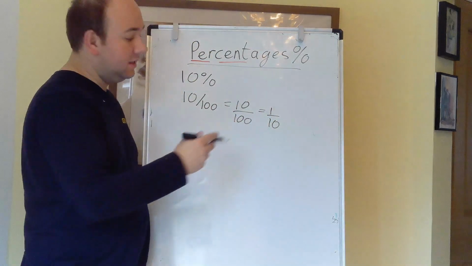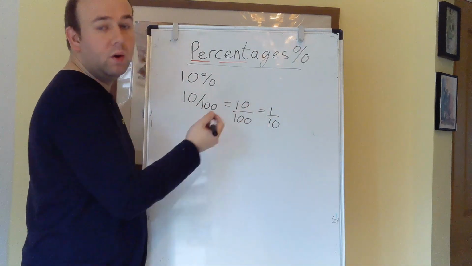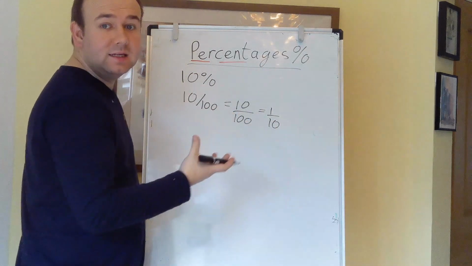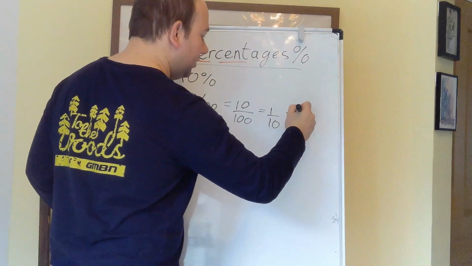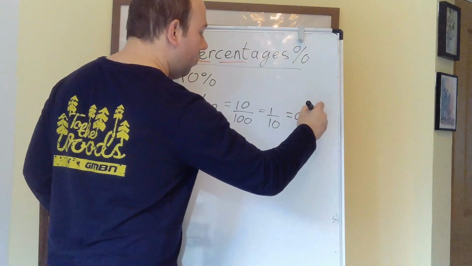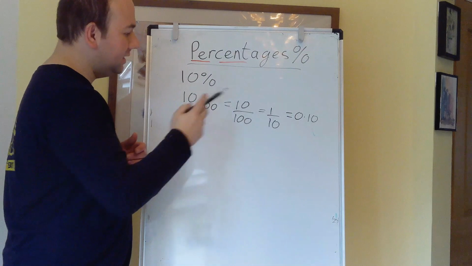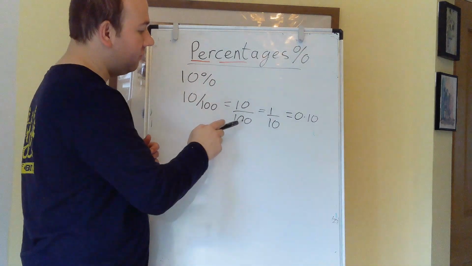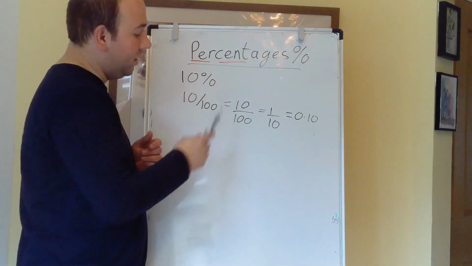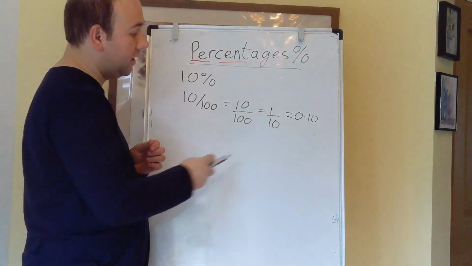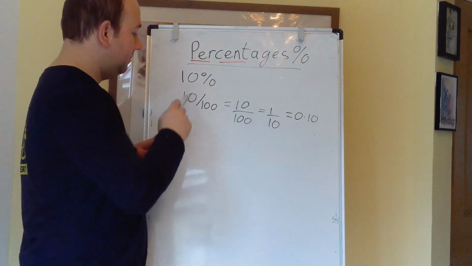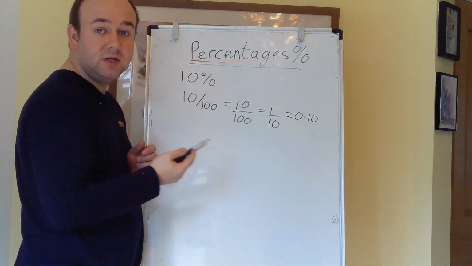We can also divide 10 by 100, or 1 by 10, because they're the same thing, and express a percentage as a decimal, in which case this is equal to 0.1. So a percentage is just a way of expressing either a fraction, where the denominator is 100, which can then be simplified down into other fractions, or a decimal, because it literally means whatever number you're taking a percentage of.